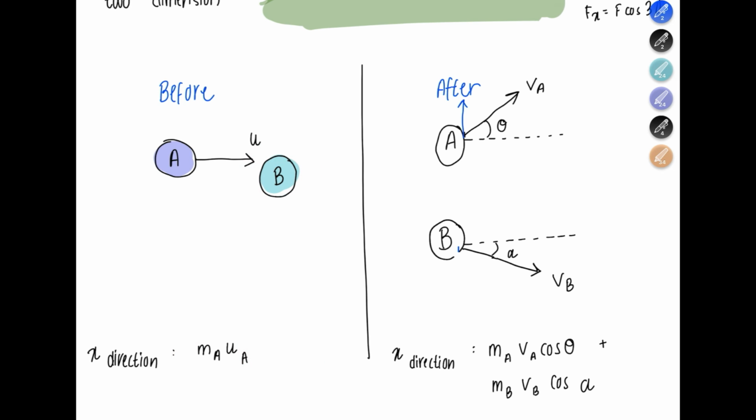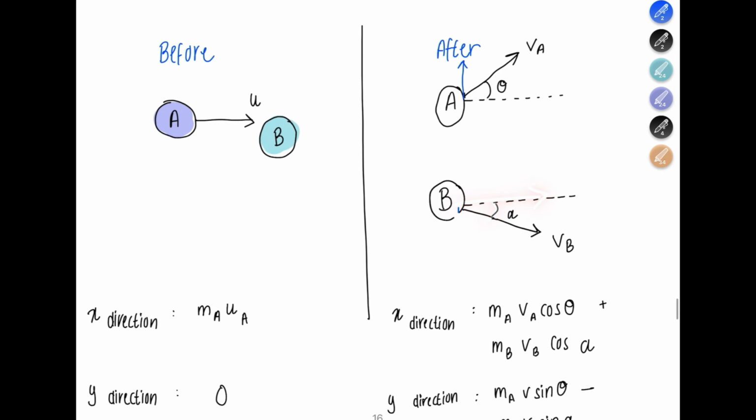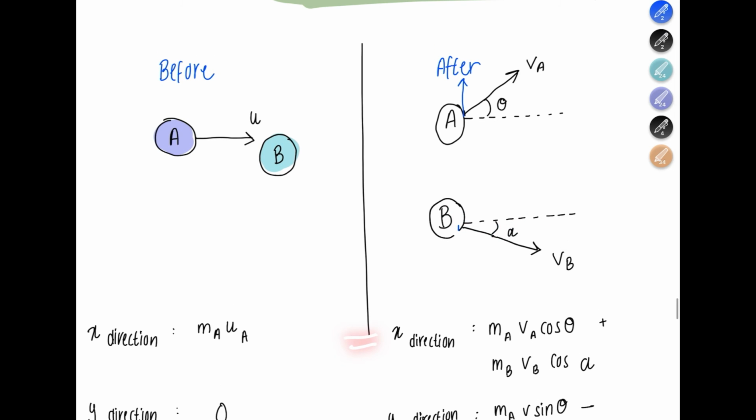What about after collision? So we have mass of A multiplied by velocity cos theta, because we have to resolve this in x direction, plus mass of B multiplied by the velocity and the cos alpha, because you have to resolve this in the x direction as well. And then you can equate both of them to solve for the unknown value.